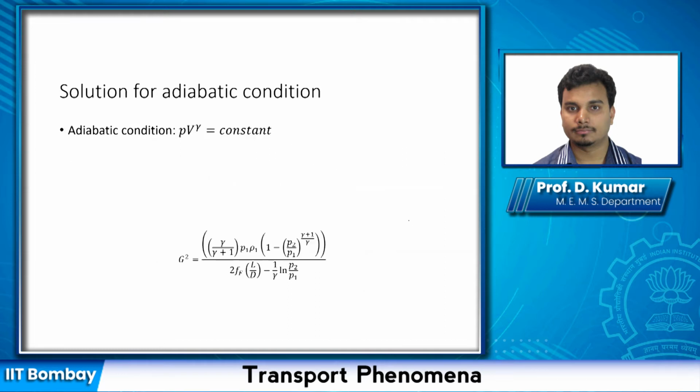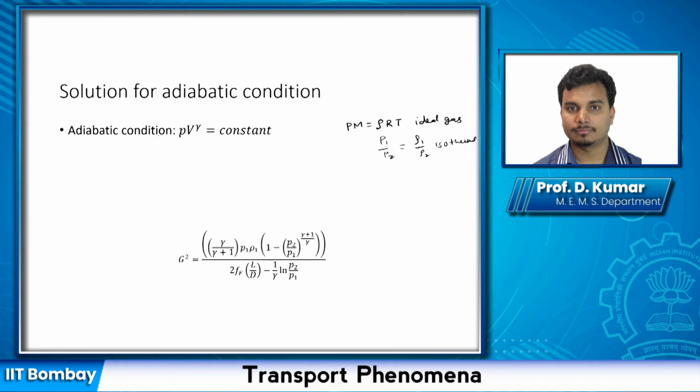Okay. So to start with, we know that PM is equal to rho RT. This is for gas. Okay. So if it was the isothermal process, then T is constant. So P1 by P2 equals rho 1 by rho 2, if it was isothermal. Okay.